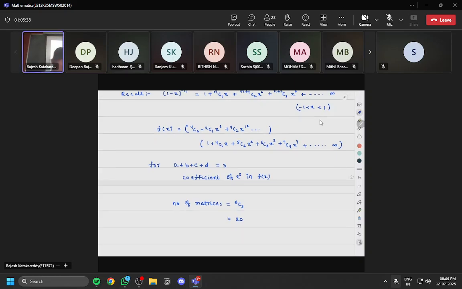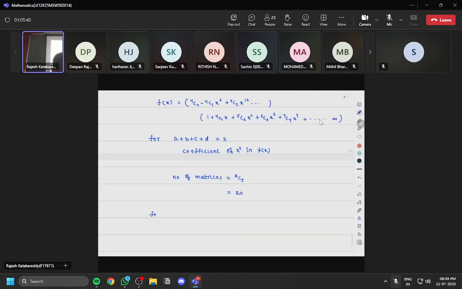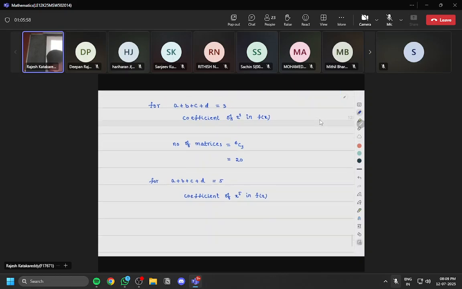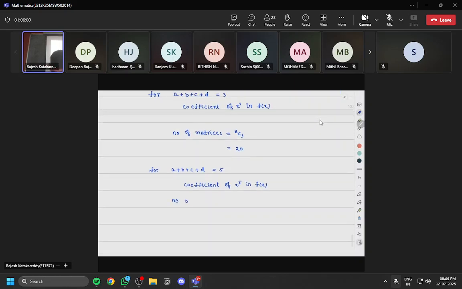right? So, next, for a plus b plus c plus d is equal to 5. So, we will find the coefficient of x to the power 5 in f of x. So, the number of matrices.